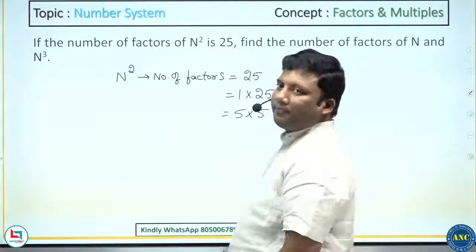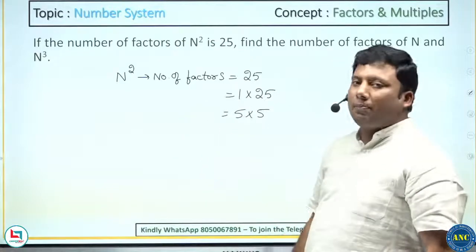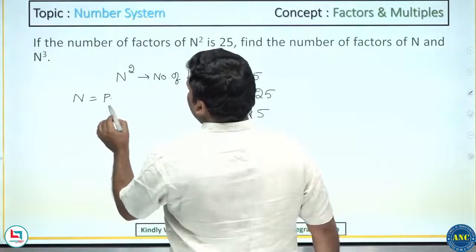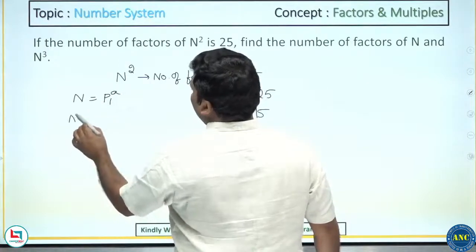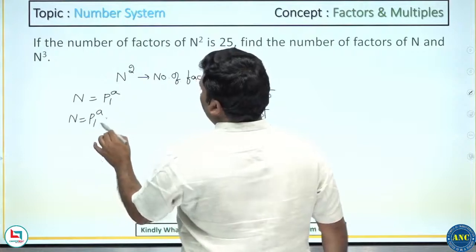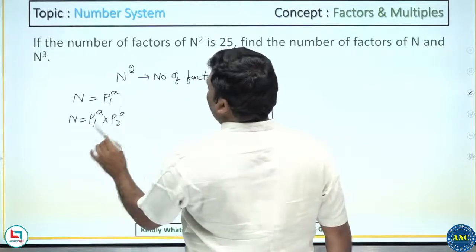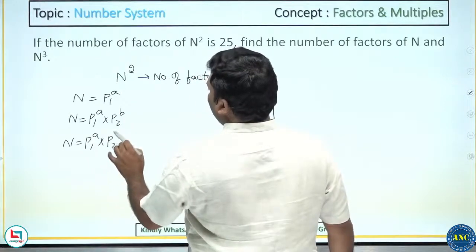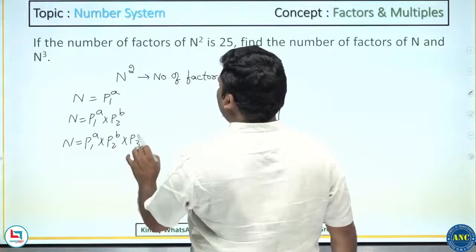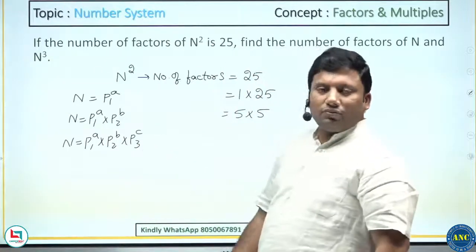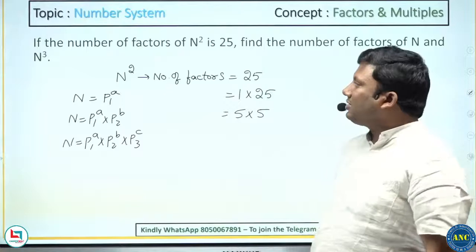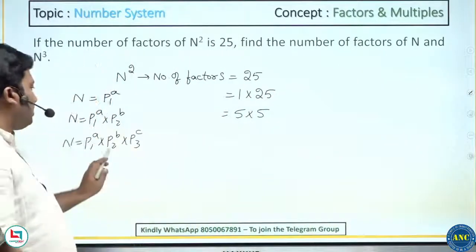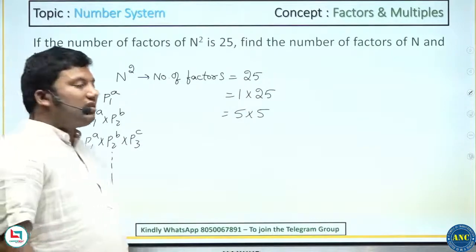That's all, you cannot decompose it further. So n, if it takes a single prime base, or if n takes 2 prime bases, p1 power a into p2 power b. Let me check whether it takes 3 prime bases: p1 power a, p2 power b, p3 power c. We do not know how many prime bases there are for this natural number. It can have a single prime base, 2, 3, 4 prime bases, and so on.